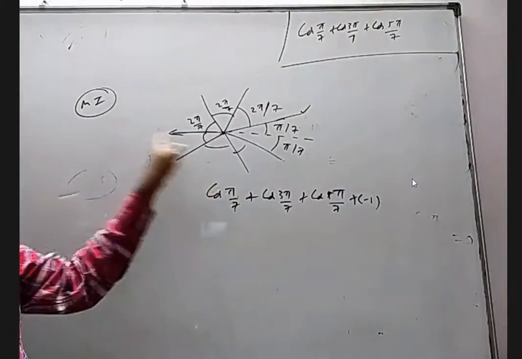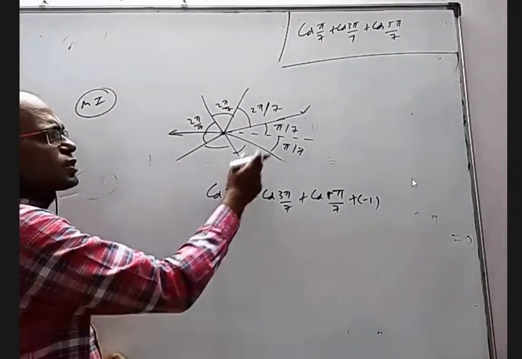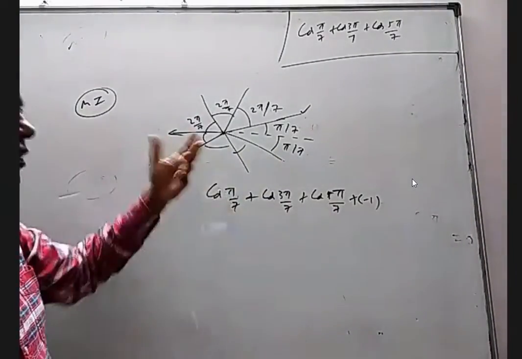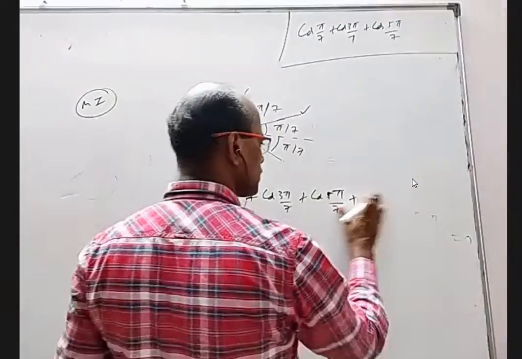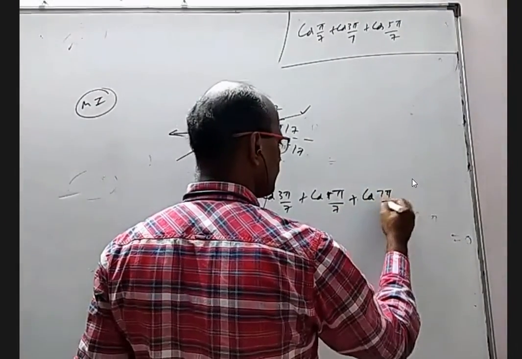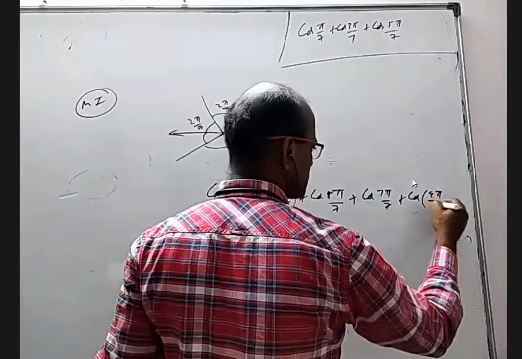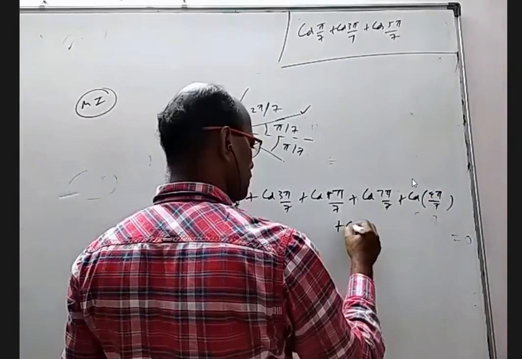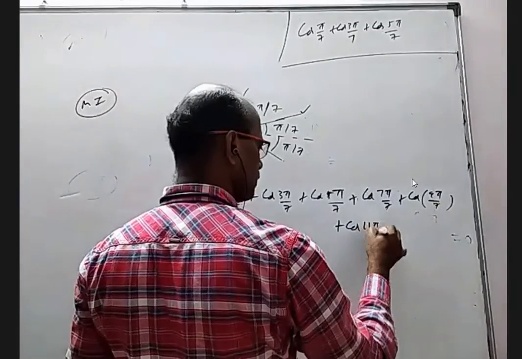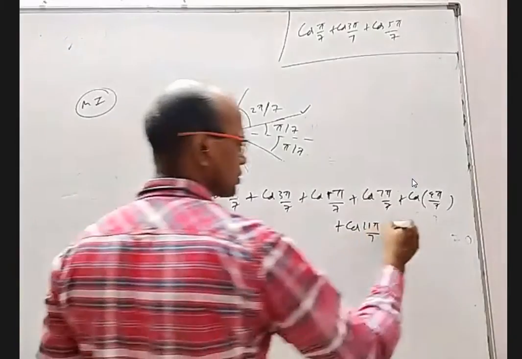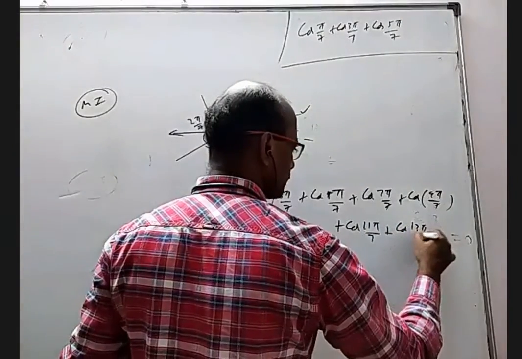Let me even write cos 7 pi by 7, not a problem, plus cos 9 pi by 7 plus cos 11 pi by 7 and cos 13 pi by 7.